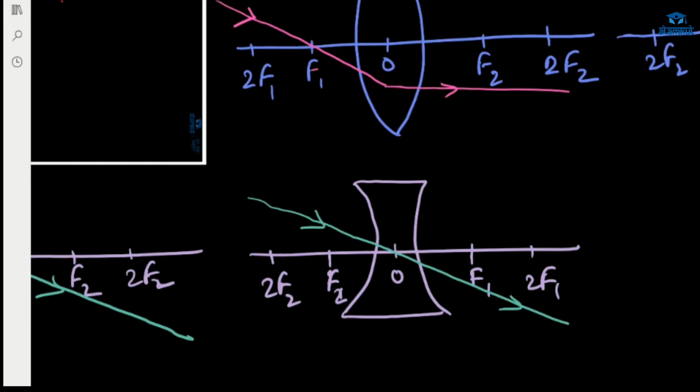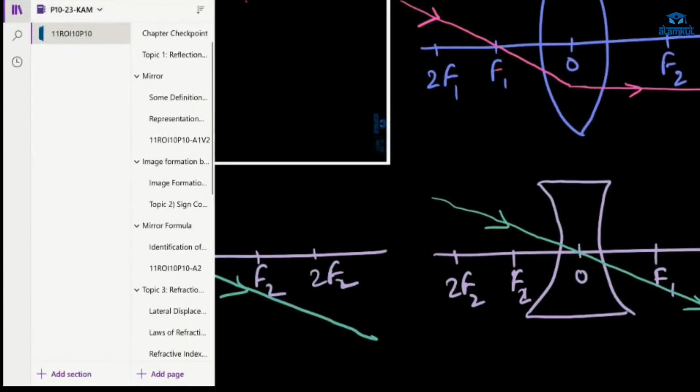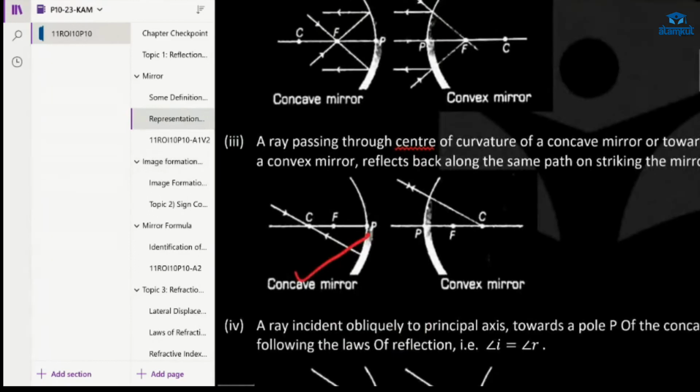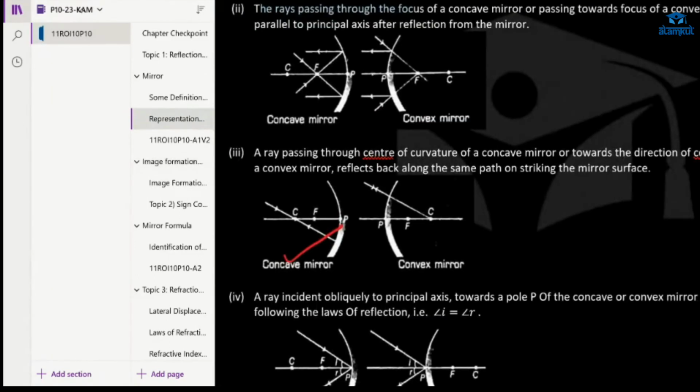Why was it reflecting back along the same path? You only told me the answer, right? In this image formation, the C point was acting like what? This ray was acting like a normal, isn't it? Yes, ma'am.